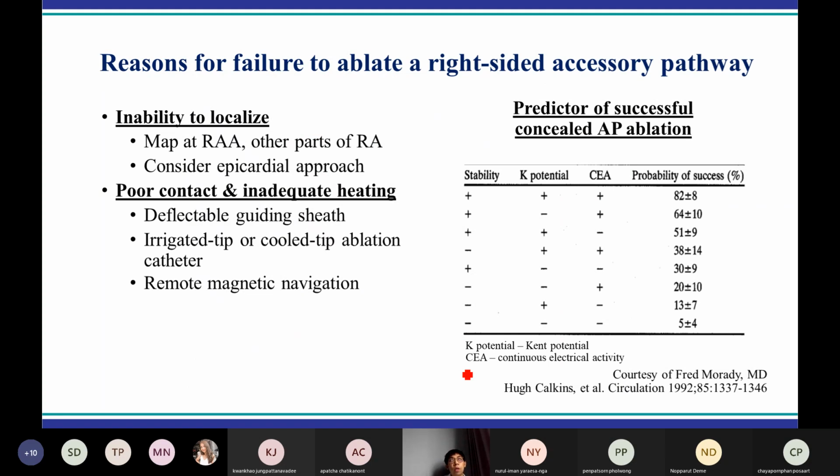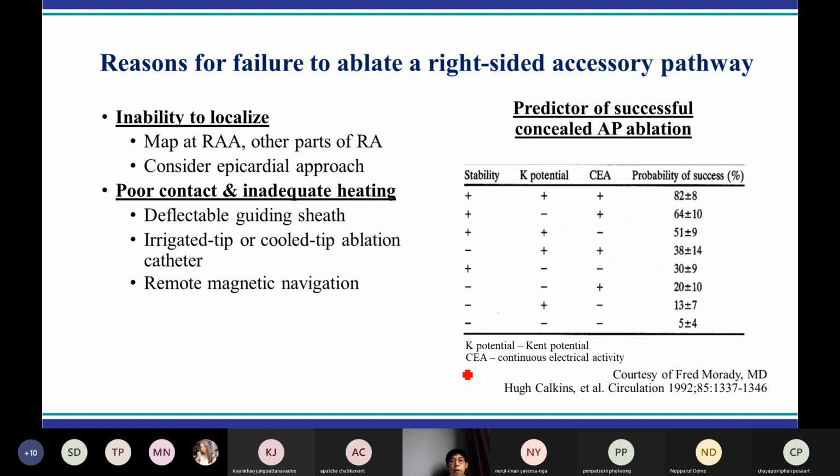The different sides of the accessory pathway give different success rates, because there are a lot of factors that could affect the catheter's movement to the site of the accessory pathway.